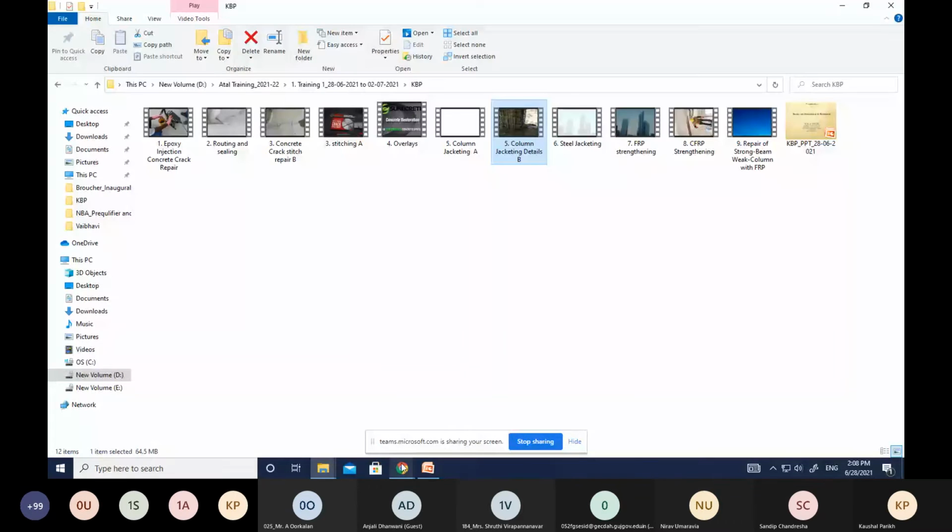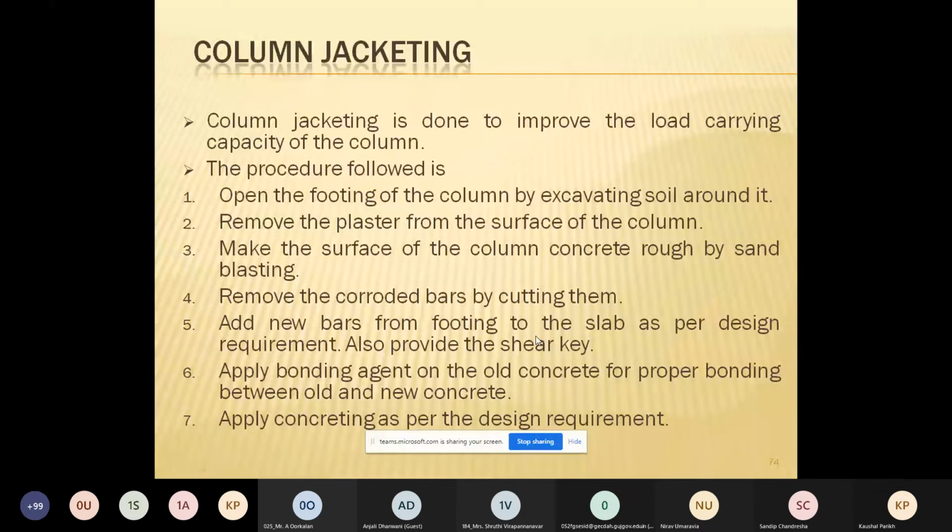Now let us proceed further with the presentation. Is the presentation visible? Okay. Now, column jacketing is done to improve the load carrying capacity of the column, and the basic procedure is to open the footing of the column by excavating soil, grind it, remove the plaster from the surface of the column, make the column concrete surface rough by sand blasting, remove the corroded bars by cutting them, add new bars from the footing to the slab as per the design requirement, and provide the shear key.